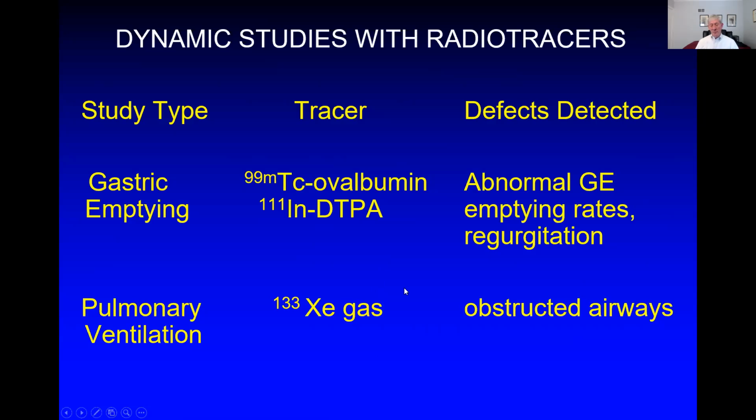Pulmonary ventilation. This is a static and dynamic study. When the patient holds his breath, that's obviously static. The image is not changing. He's holding his breath. But the minute he exhales, it becomes a dynamic study where we are looking at washout. And so this is a combination of static and dynamic.